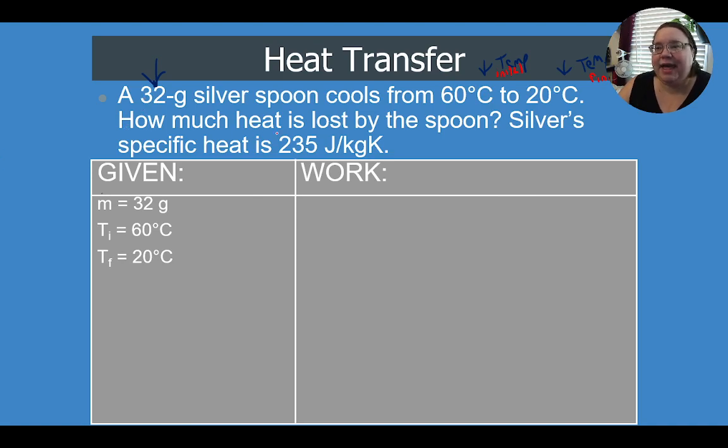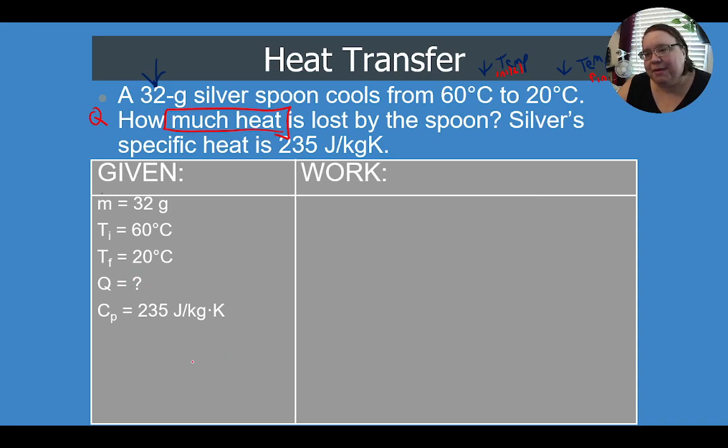And it's asking us how much heat do we lose. So Q is my heat, and in order to use the Q equation, I have to know my specific heat. So even if it didn't explicitly tell me the specific heat, I would have to use a data table, kind of like we saw earlier, to determine that, hey, silver specific heat is 235 joules per kilogram Kelvin.